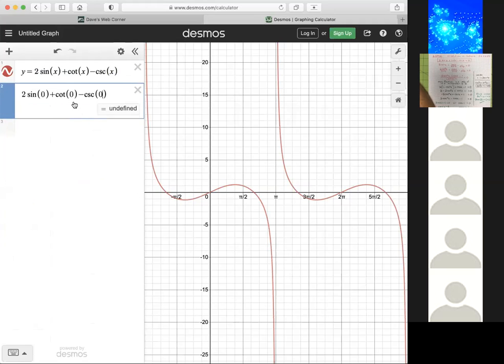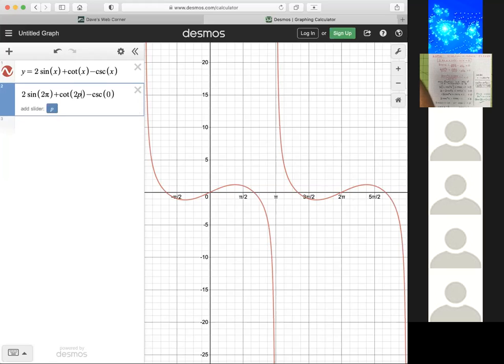When I type in 0 for x, what does Desmos do? Desmos admits that that's undefined. Okay, so right there, it admits that that's undefined, but it didn't seem to admit that it was undefined at 2 pi. Let me type in the 2 pi.